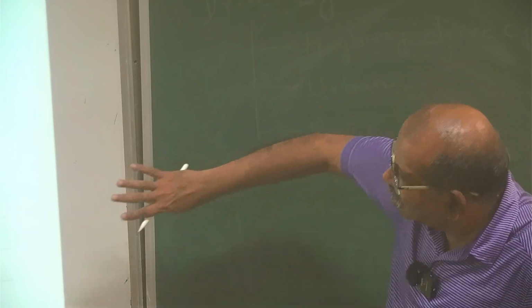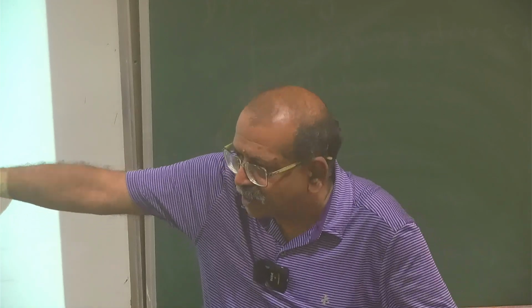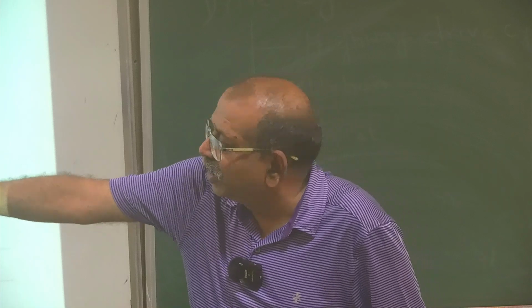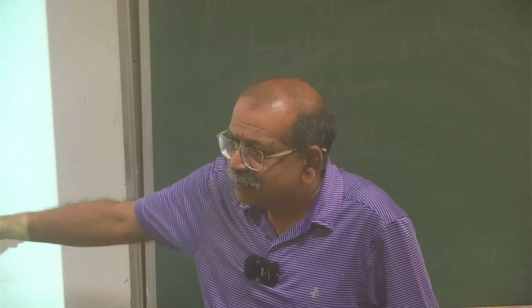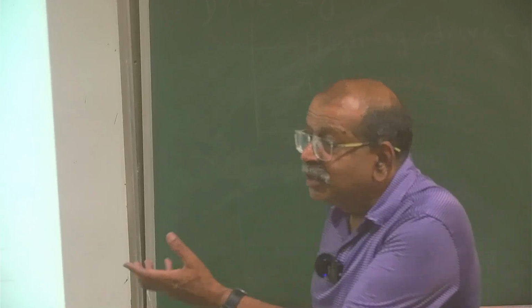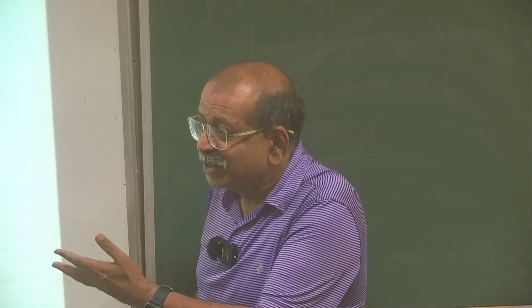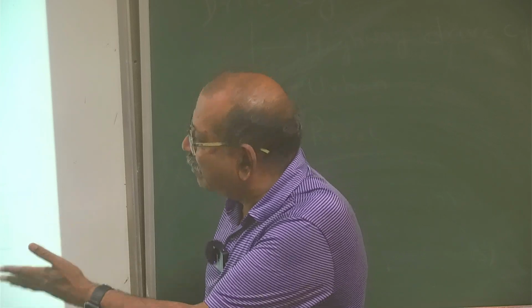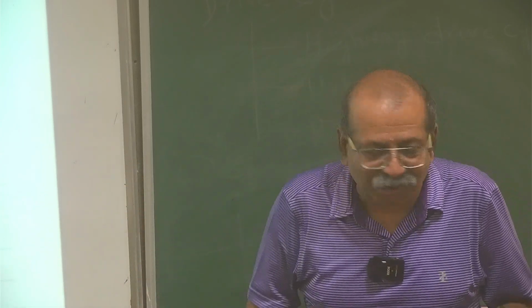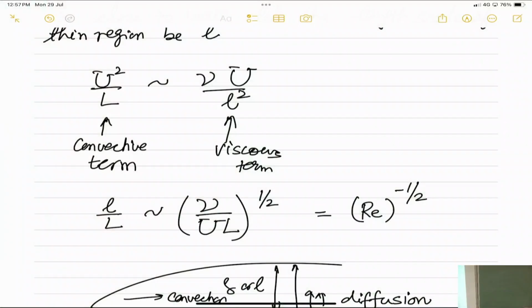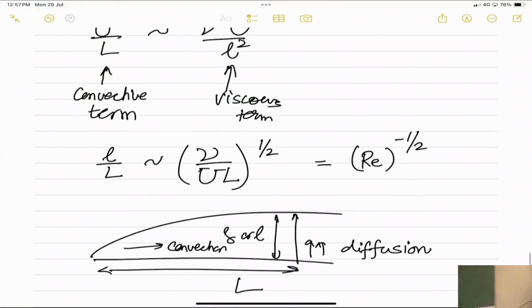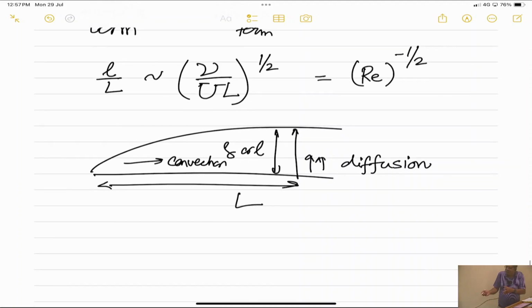And this finally comes, in the boundary layer theory, when we do it as delta instead of small l. Here you could say it's L laminar, or L molecular by capital L, is equal to Reynolds number to the power of -1/2. So this is the laminar flow.